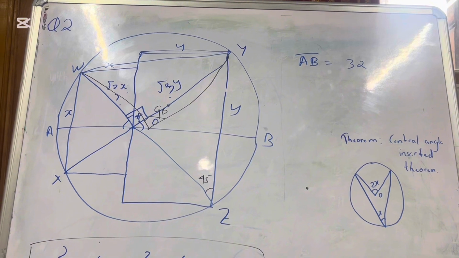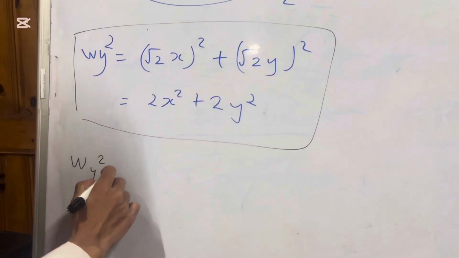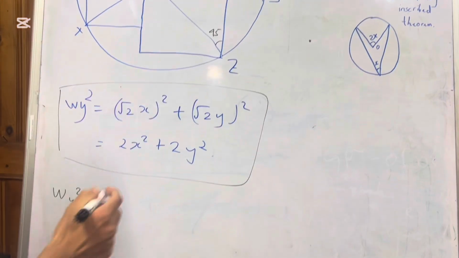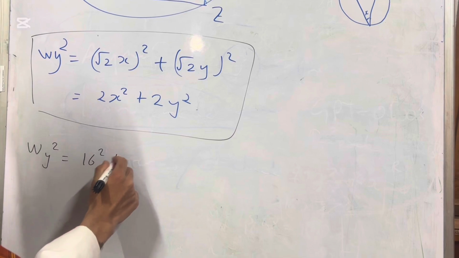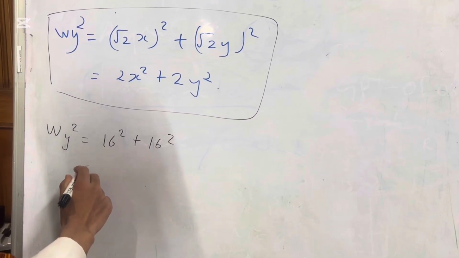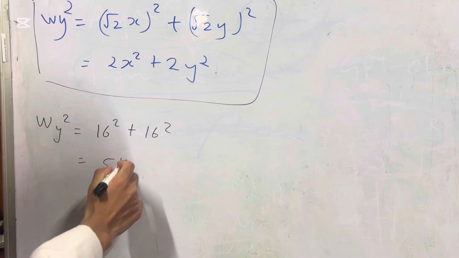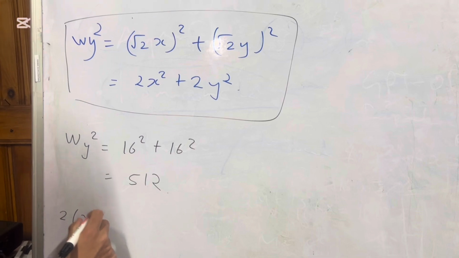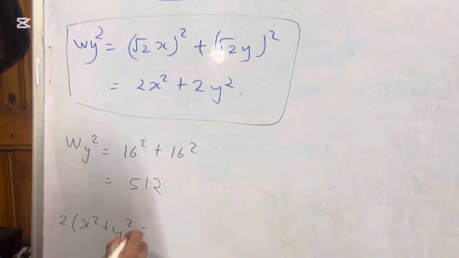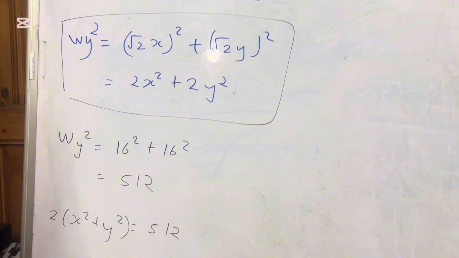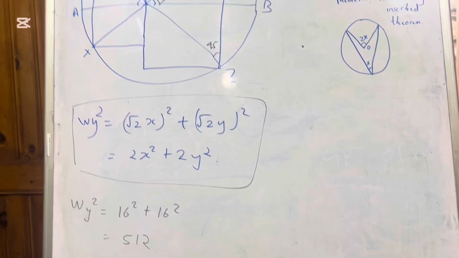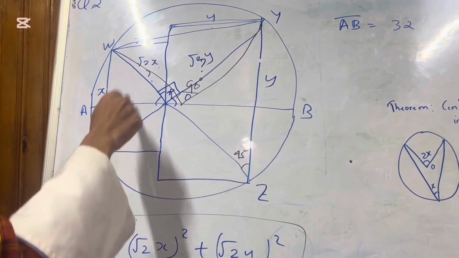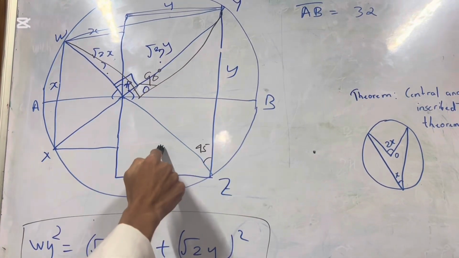WY squared is WO squared plus OY squared, which is 16 squared plus 16 squared, which equals 512. So 2x squared plus 2y squared equals 512, and this is the area of all four squares in the diagram, because this square is a reflection of this square, and this square is a reflection of this square.